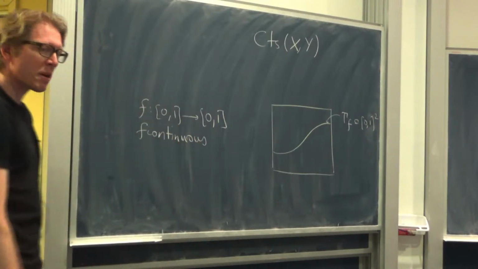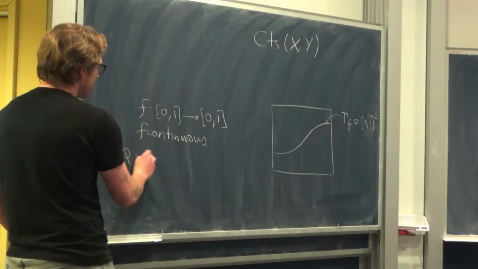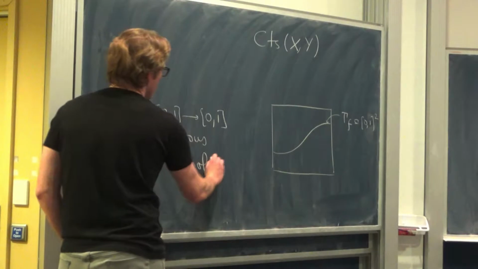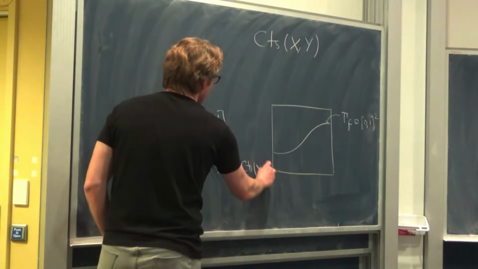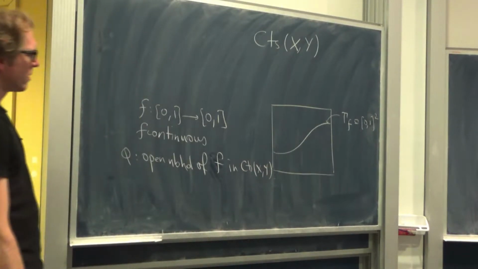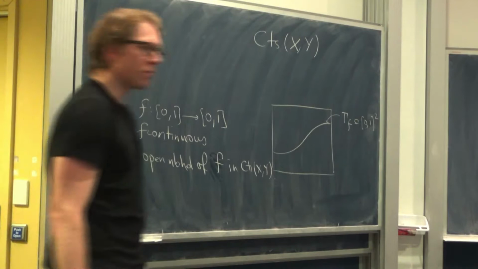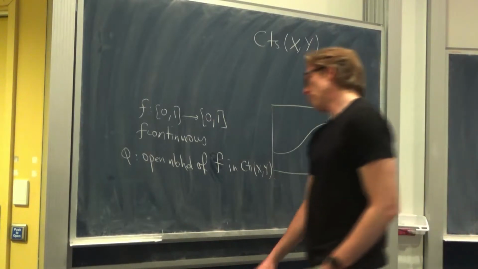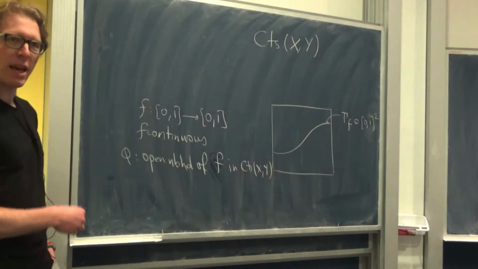So if I ask you to think about what is an open neighborhood of f in C(X,Y), there's a reasonable answer to that question. What constitutes a set of functions close to f?